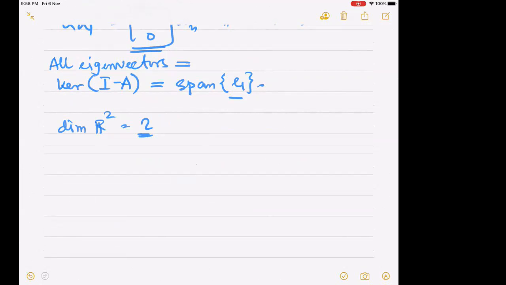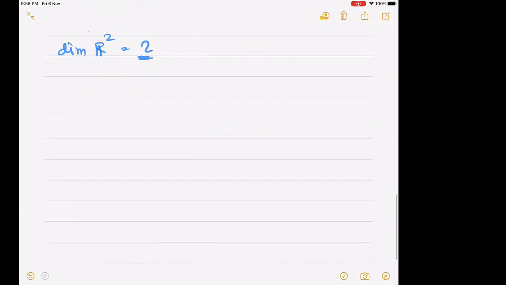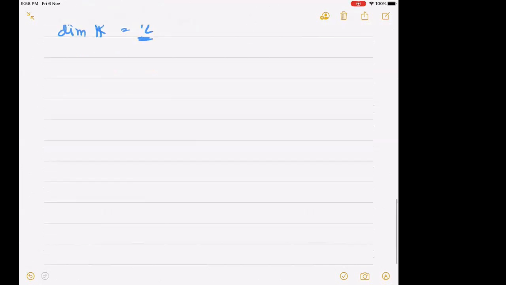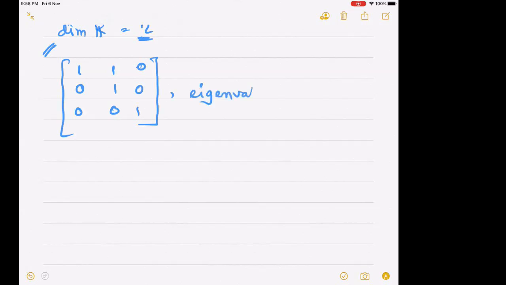We can cook up more such situations. For example, in the 3 by 3 case, we may have something like [[1,1,0],[0,1,0],[0,0,1]]. This is a situation where, once again, it cannot be diagonalized. Once again, one can check that there is only one eigenvalue.